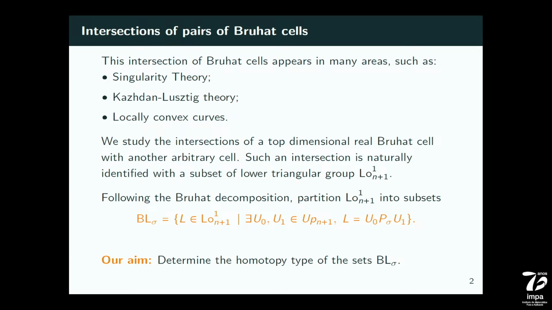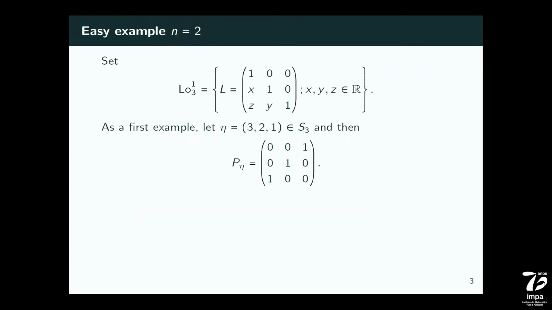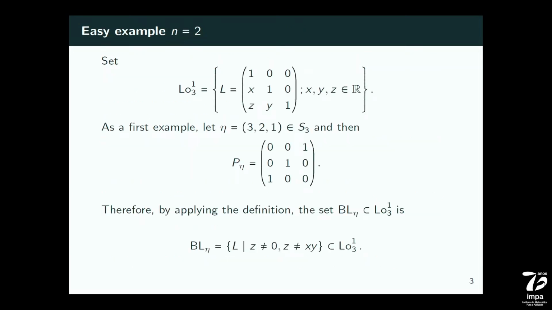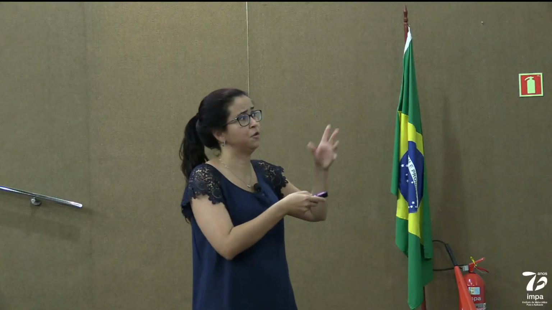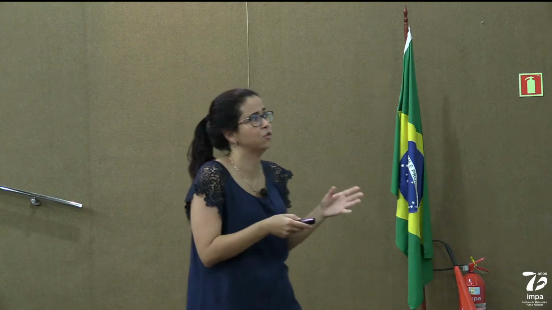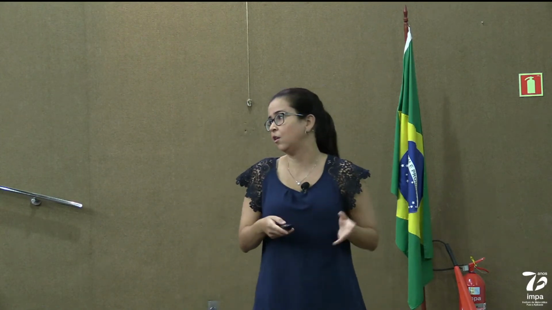Exactly, exactly. So in this first example, the permutation sigma we call eta because it is very special. It is easy to understand that it has 6 connected components, and all of them are contractible.